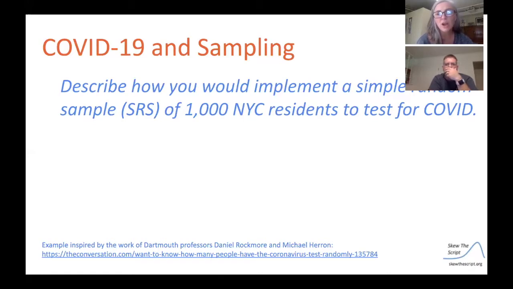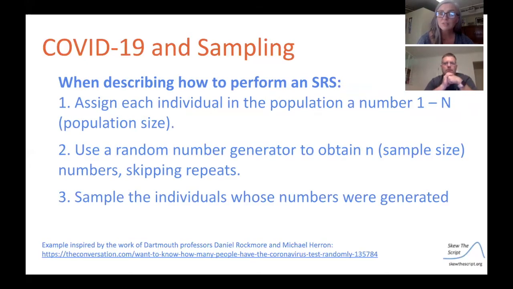So it says, how would you describe or how would you implement a simple random sample? Well, there are 3 things you have to cover, okay? So if you click through, Mr. Bobby. The 3 things you need to cover when describing how you're going to perform a simple random sample for a study is, first, you've got to assign each individual in the population, which, remember, we're saying individual because we're talking about New York City and COVID, but it could be fish in a lake or whatever, a number 1 through n, whatever that population size is.